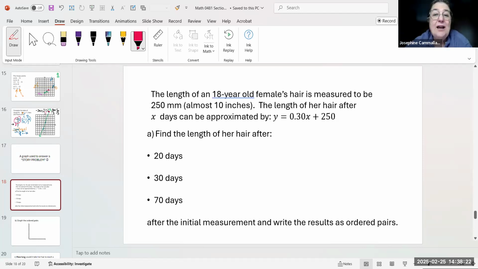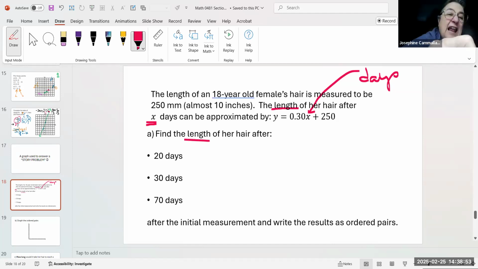Okay, now the length of her hair after x days, so that means this x represents days, plus 250 millimeters. Now, this is where we're going to be finding the length. The length is going to be my y values.